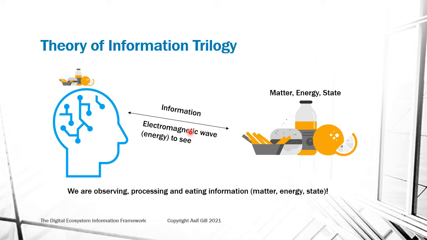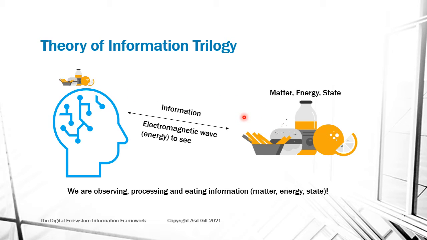Once electromagnetic waves hit the food, the information goes back to the brain, and the brain paints a picture in front of us as if it's food, with different objects and colors, depending on how our brain interprets it. So really, what are we looking at? We are viewing information, and our brain is detecting the information.